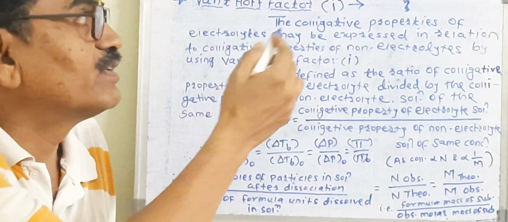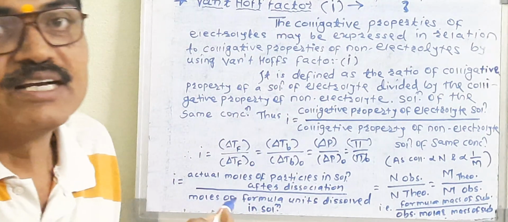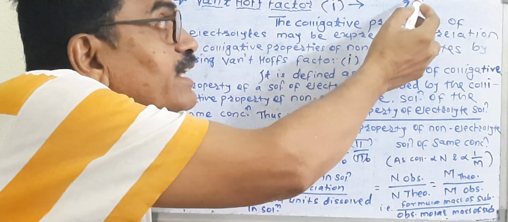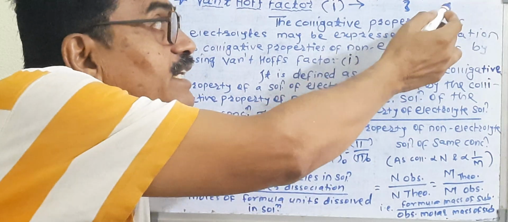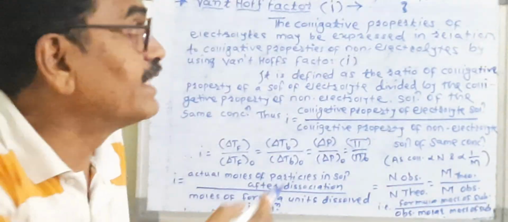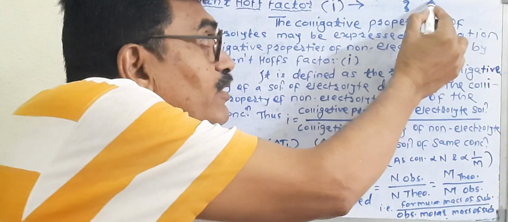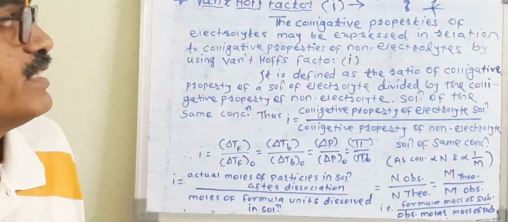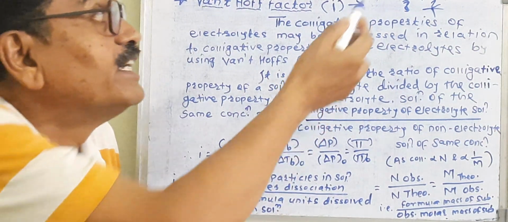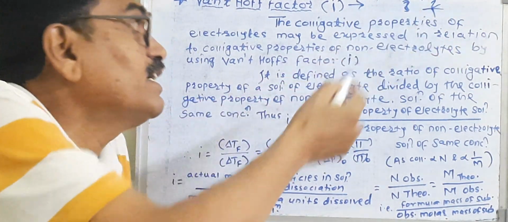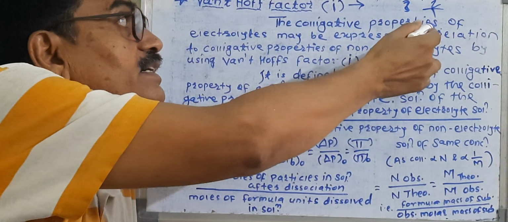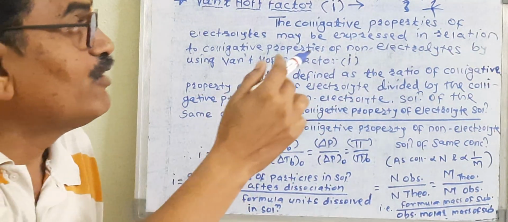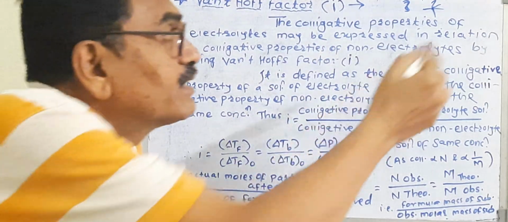The number of ions increases in the solution. When KNO3 is dissolved, it forms K plus and NO3 minus, and Na plus and Cl minus when NaCl is dissolved. And that's why in this case the Vant Hoff's factor is a 2/1 ratio: the number of moles of the electrolyte after dissociation is 2 and before dissociation is 1. And that's why in this case the value of i is 2 for such solutions.